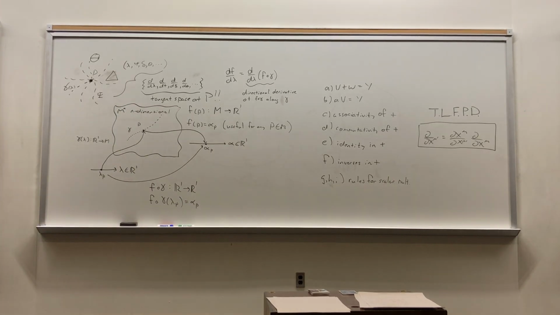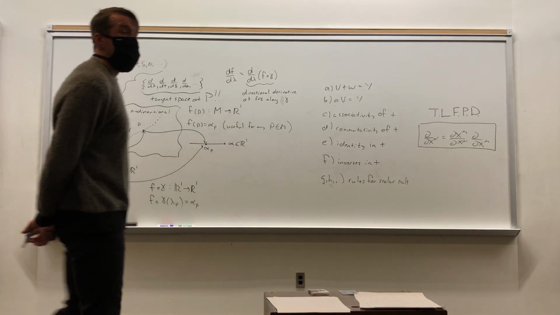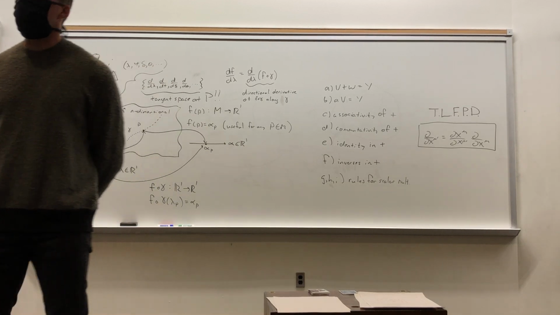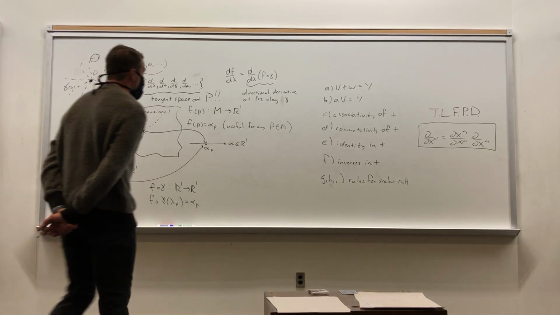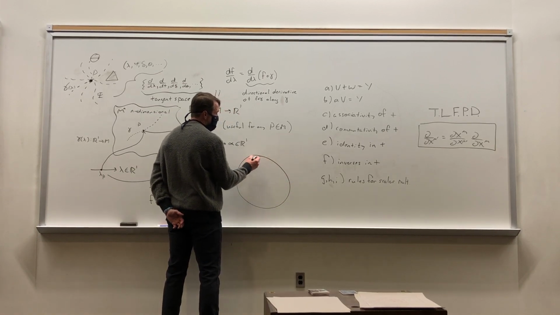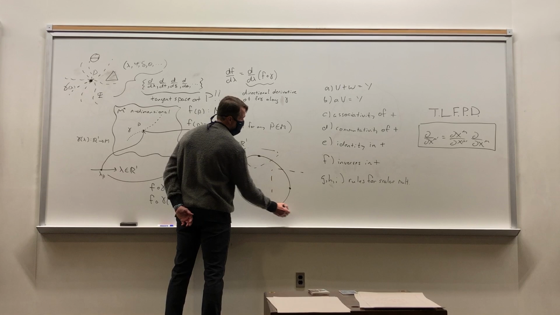Why do I care about tangent space? What lives in tangent space? Vectors. We didn't even have to talk about tangent space when we defined vectors in special relativity, but I told you the tangent space would play a very important role in general relativity, largely because it's forced on us that if we're in a curved geometry and I consider the tangent space at one point, it can be radically different than the tangent space at another point.